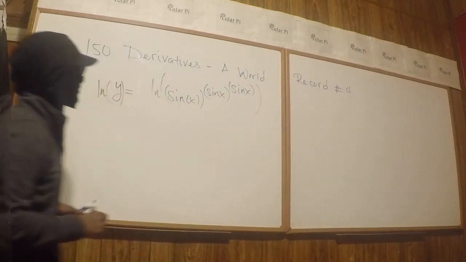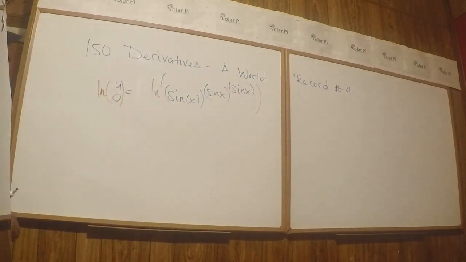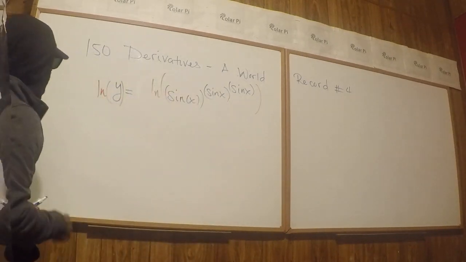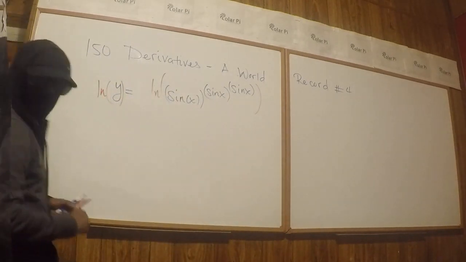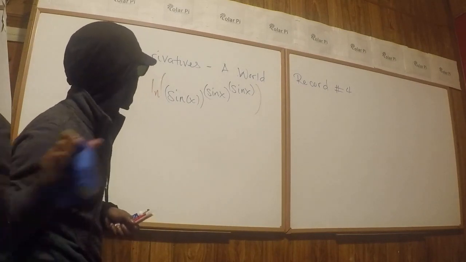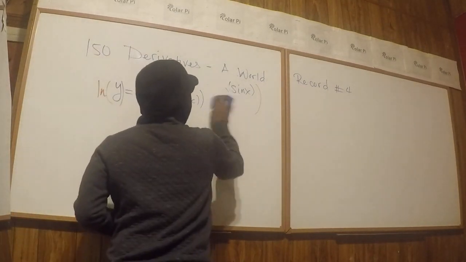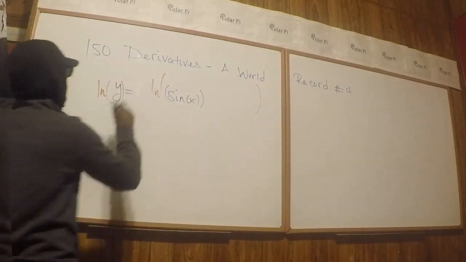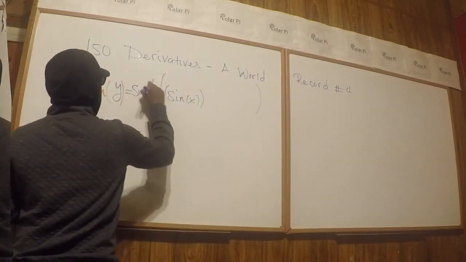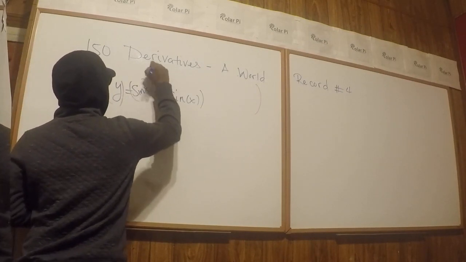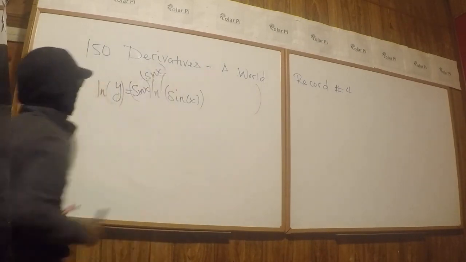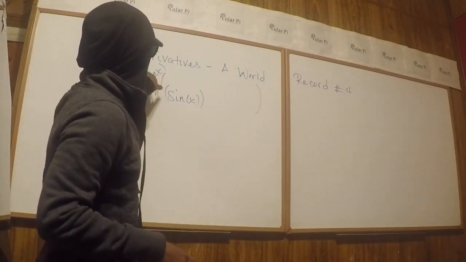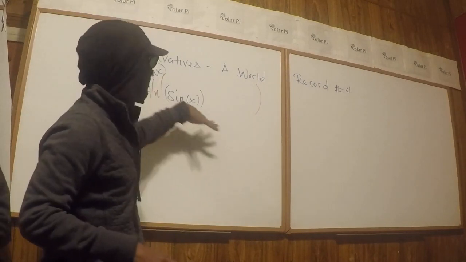Now, using the log exponent rule, I could get rid of this exponent and write sine x to the power sine x right there. Now notice we have a product between sine to the sine and the natural log of sine on the right side.